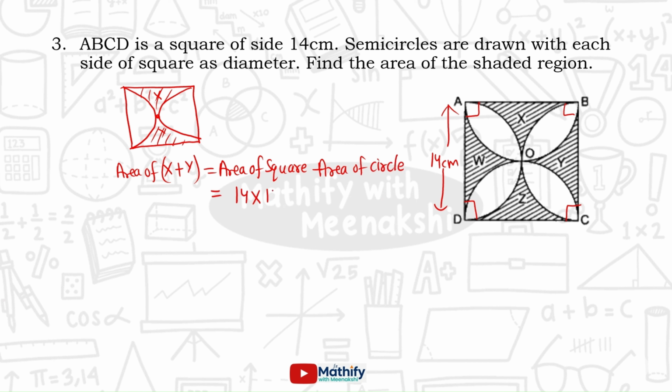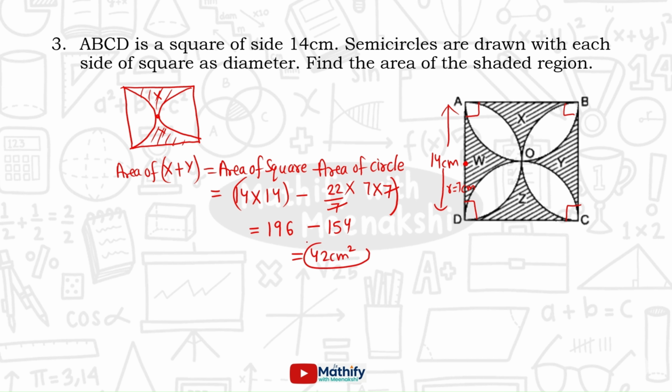You can say 14 into 14 minus area of circle is pi r square. That means 22 by 7. And what is r here? See, 14 is your diameter. So r is 7 centimeter. So you can write 7 into 7. 14 square is 196 minus, you can cut 7 and 7, 22 into 7 is 154. So that's 42 centimeter square.